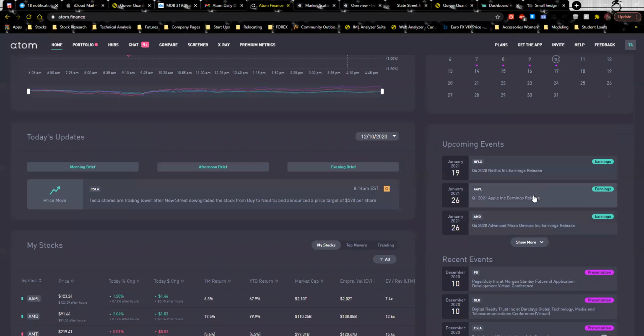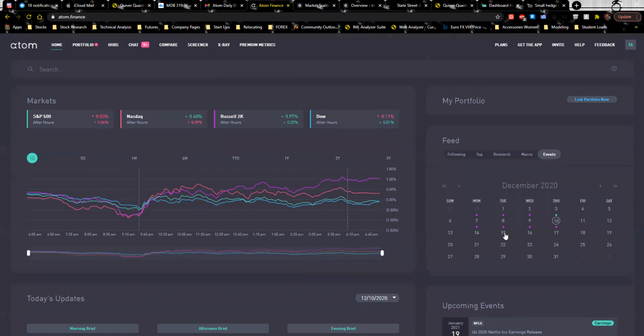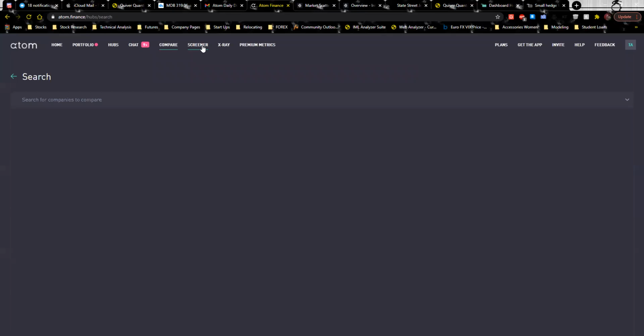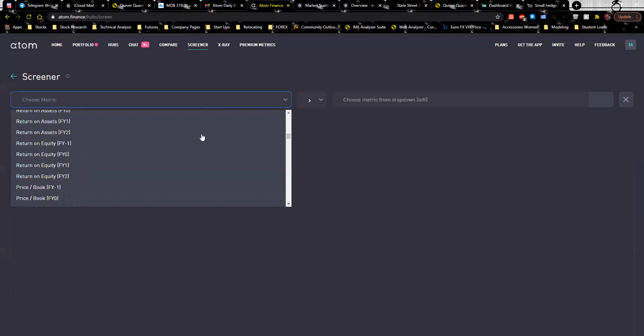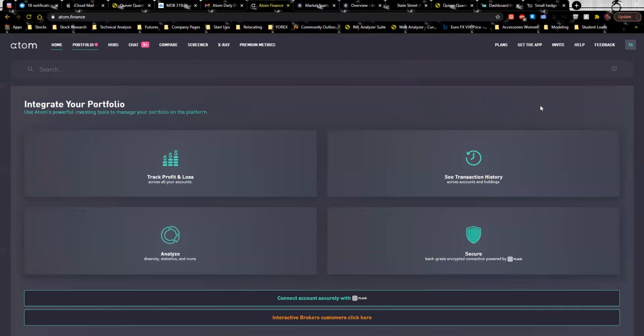See what upcoming events are coming, what past events have passed. This week, like screen for stocks. Trying to see, what did they show that?